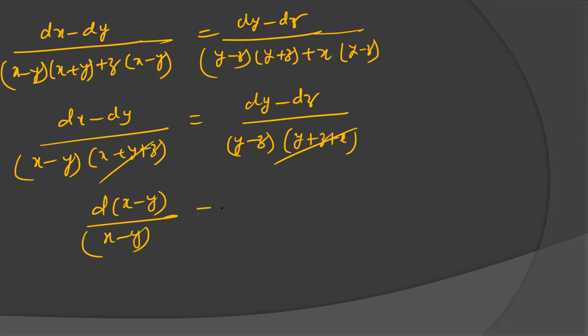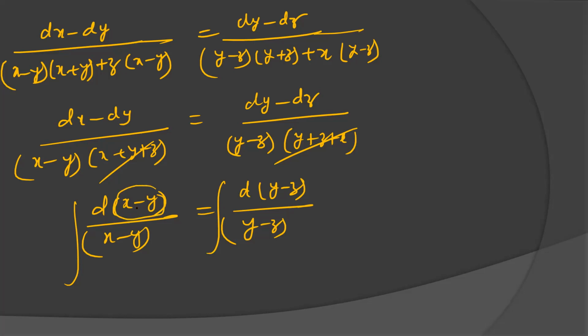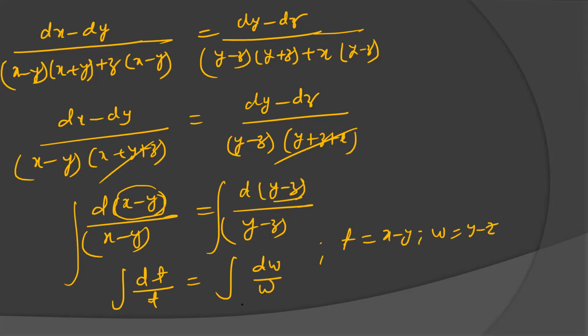So dx minus dy. This can be written as d of (y minus z) over (y minus z). Now if you integrate, because x minus y looks like a new variable, call it t, so this is dt by t, and call this w, then this is dw by w. Here t is actually x minus y and w is y minus z.